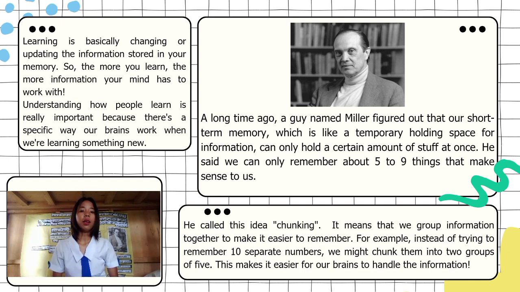So he called this idea chunking. It means that we group information together to make it easier to remember. So for example, instead of trying to remember 10 separate numbers, we might chunk them into two groups of 5. That makes it easier for our brains to handle the information.